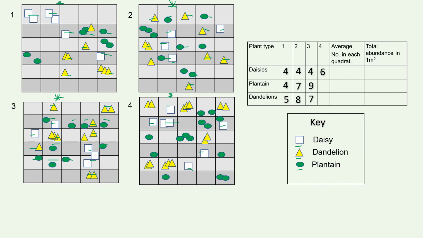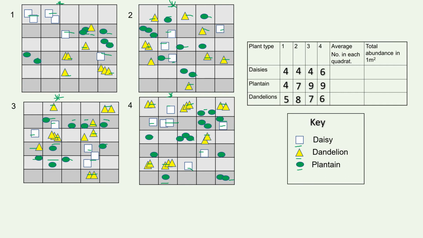For plantain, 1, 2, 3, 4, 5, 6, 7, 8, 9. For dandelions, 1, 2, 3, 4, 5, 6. So well done if you managed to get all 4 quadrats correct.